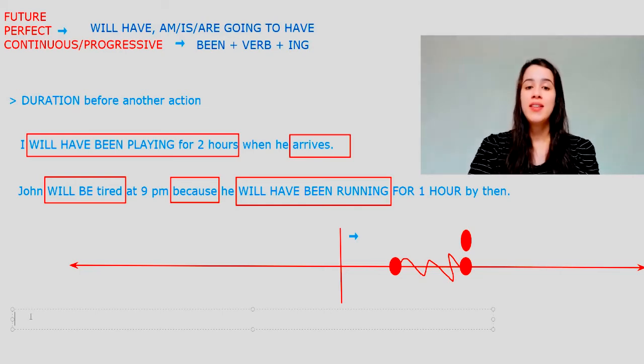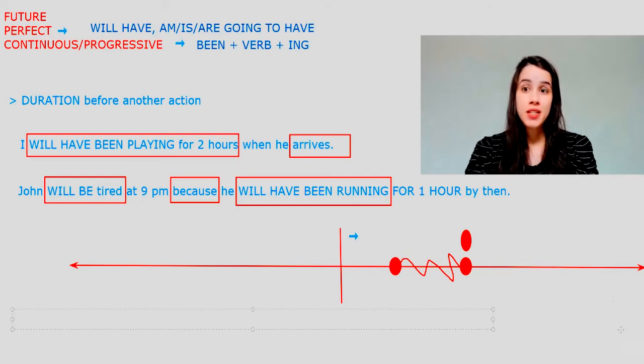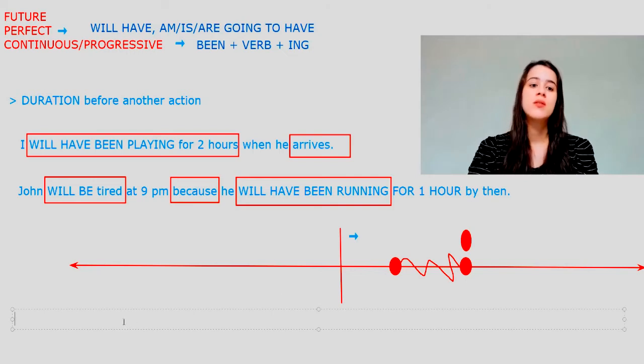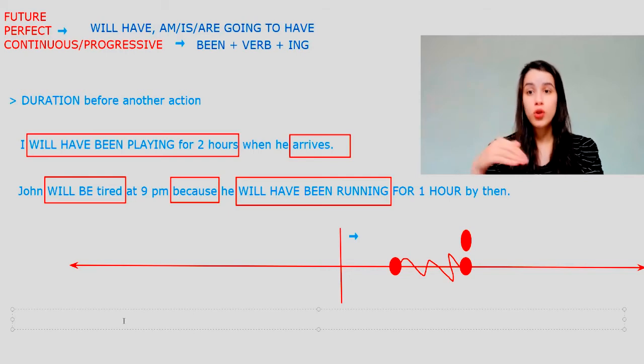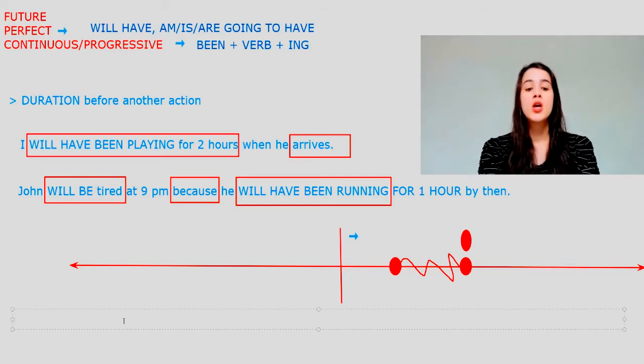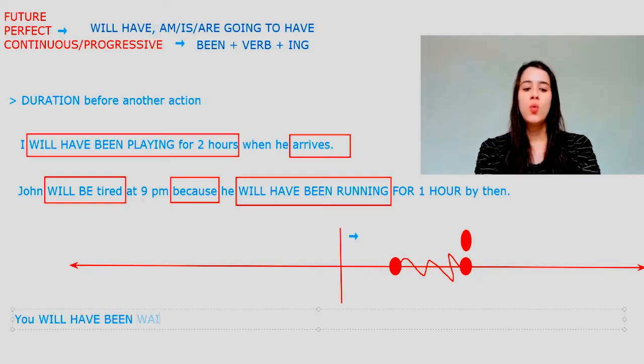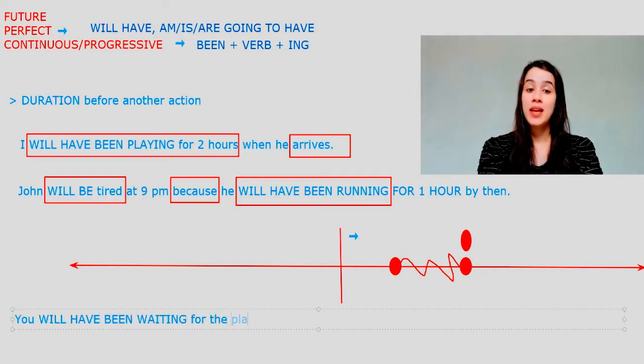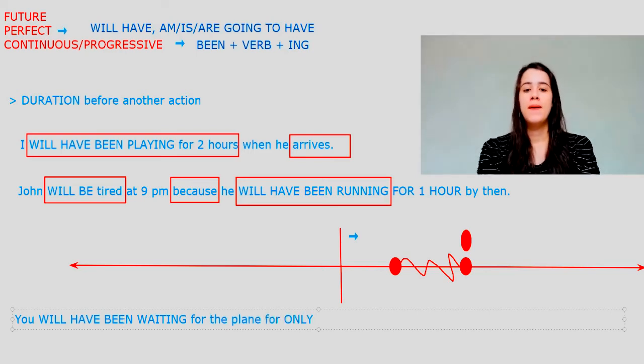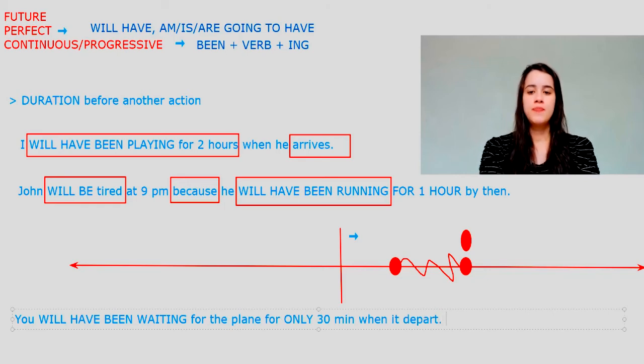imagine that you arrive at the airport 30 minutes before your flight leaves. Yes, it's too short a time, right? But let's say you arrived 30 minutes before. You will arrive just 30 minutes early. So I say, you will have been waiting for the plane for only 30 minutes when it departs.